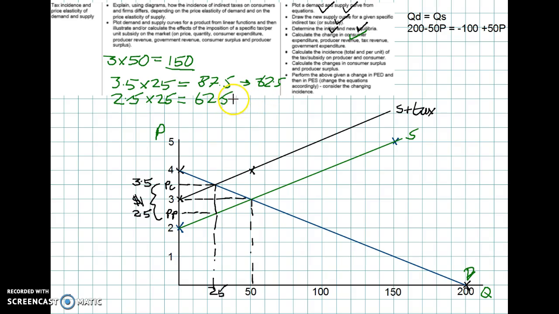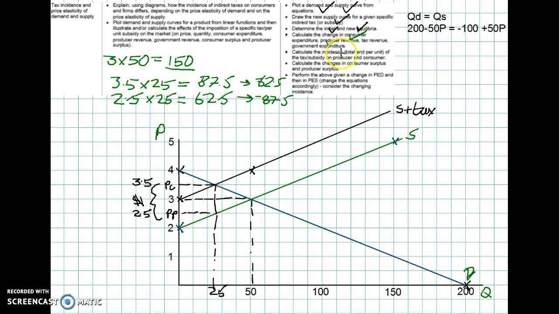And again, we need to take away 150 from this to see how it's changed. And again, as we can automatically work out, there's less revenue. So 87.5 less revenue. Okay, so now we've done the producer revenue as well.